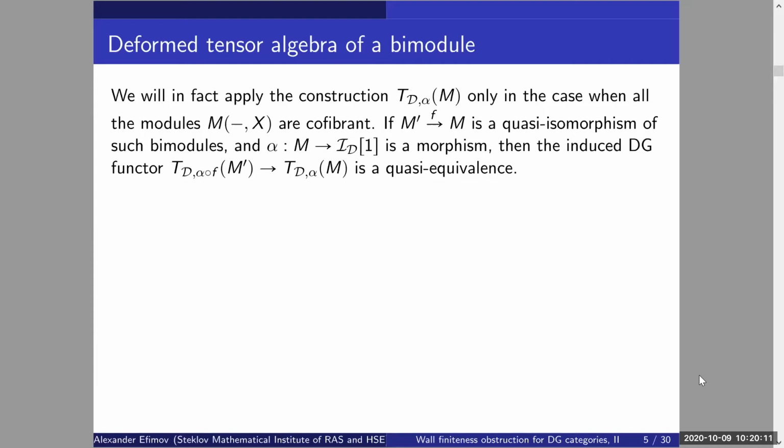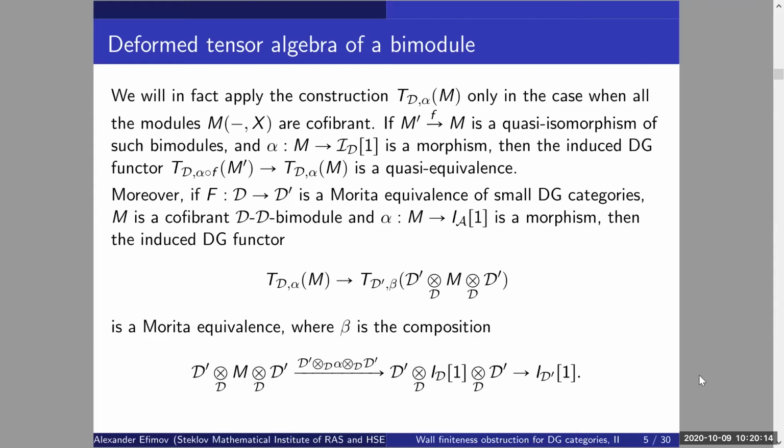And also, if we have a Morita equivalence of DG categories, and for simplicity, just assume that M is a cofibrant bimodule over D, and we have some morphism to the diagonal. Then we can extend the scalars using this functor from D to D prime.